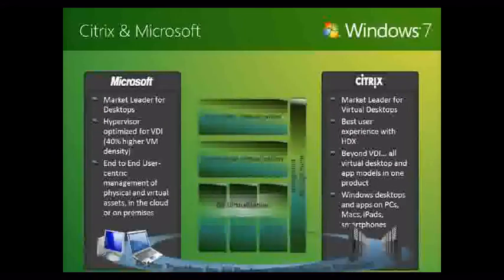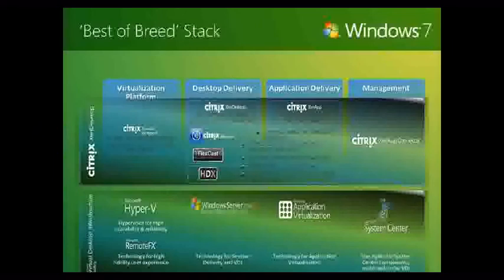So what we've done is we've come up with a solution stack to bring these three areas together around operating system, application, and user state. The slides will be available after this, obviously, but this is our joint stack of where we're going. Now, some of these products are going to go end of life because they're being consolidated into either the other vendors or into one.